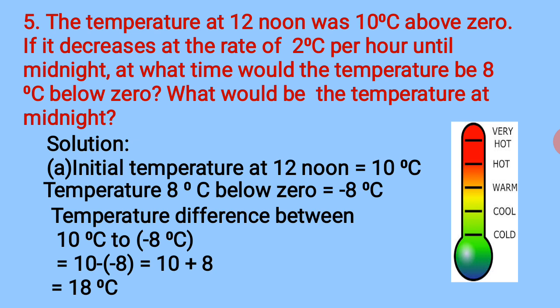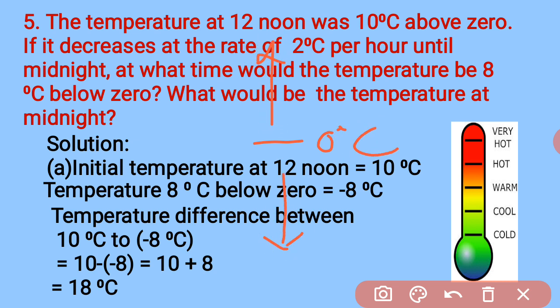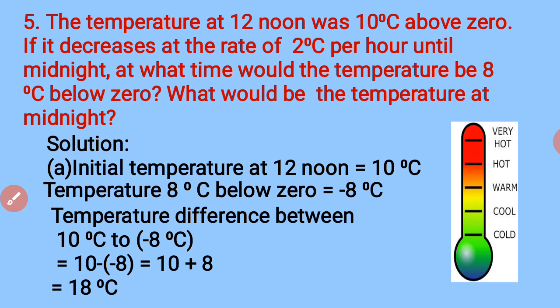You can consider it this way also. In between it is 0 degrees Celsius, above it is 10, below it is minus 8. So the total difference is 10 and 8, that is 18. So actually there is a fall of 18 degree Celsius.